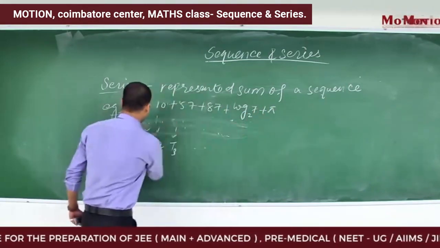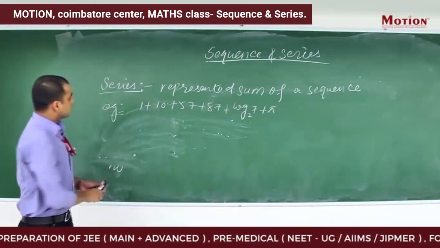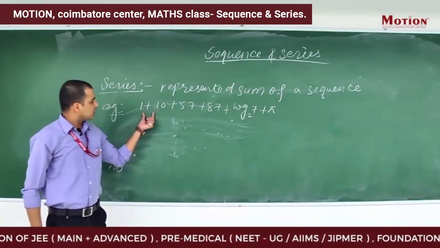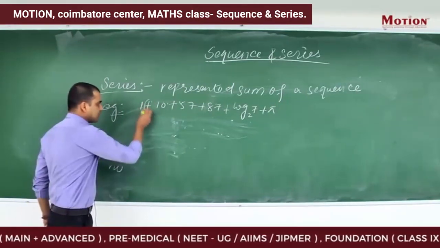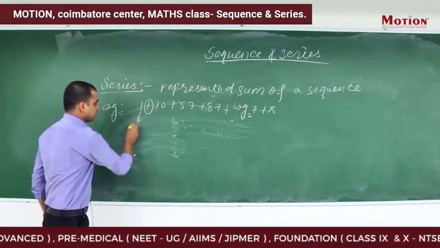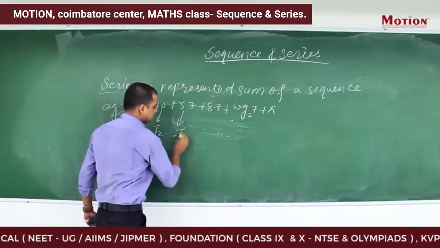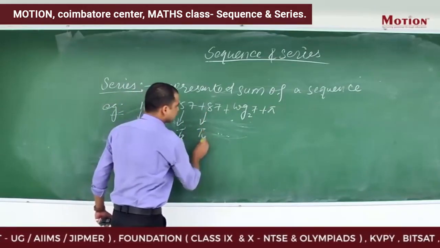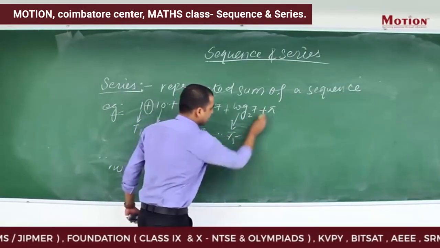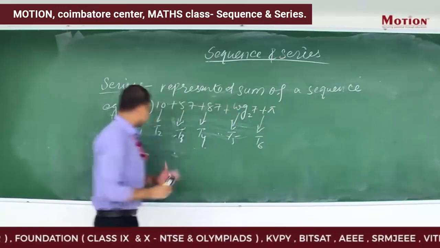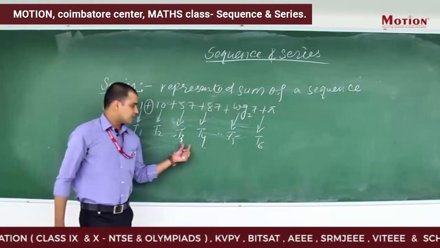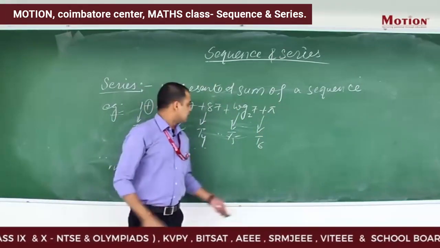Here in a series we are differentiating with a plus sign. This is our first term, second term, third term, fourth term, fifth term and sixth term. So T1 plus T2 plus T3 plus T4 plus T5 plus T6. In this way it is going.